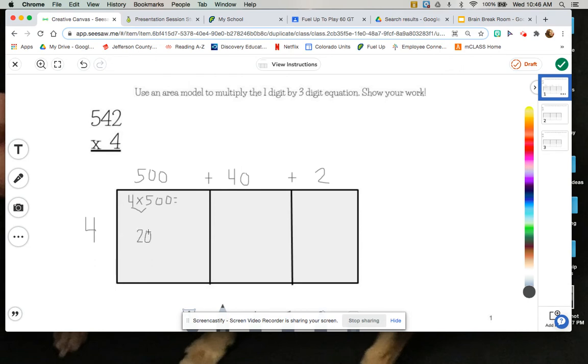Then I'm going to go back and look at how many placeholders or zeros are still left. I'm going to put those 2 zeros down below. So now I have a partial product or subproduct of 2,000 for this one. Now I'm going to go to my next box and do 4 times 40.